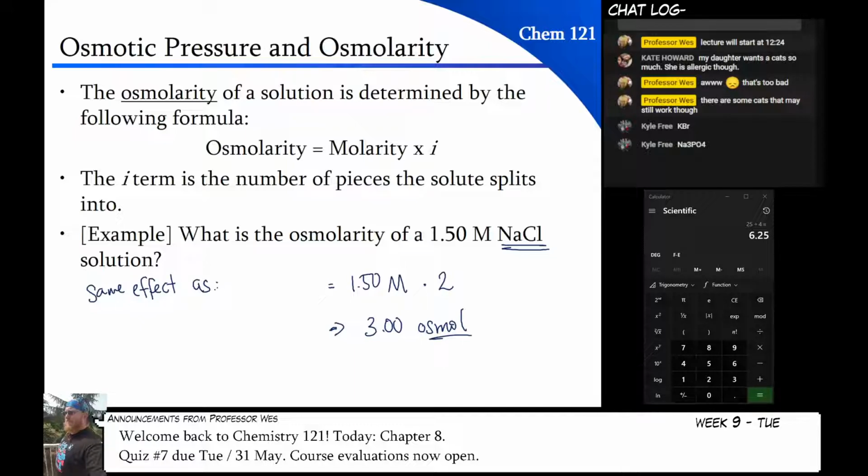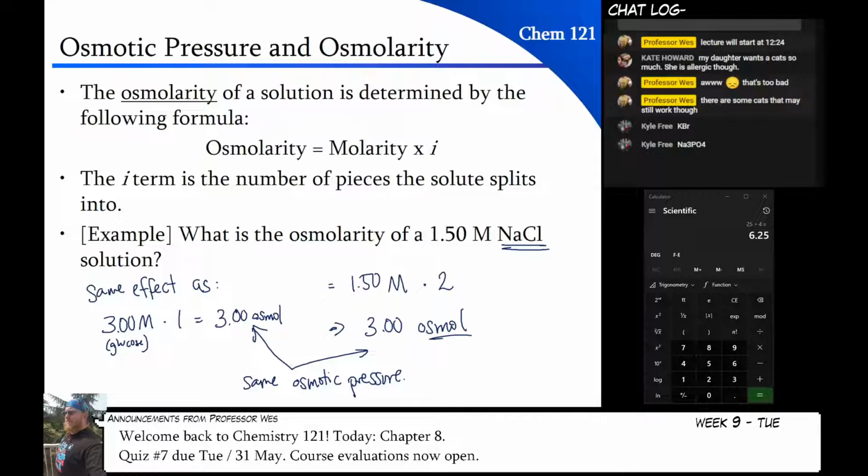And it would have the same osmotic effect as a 3 molar solution of, say, glucose that did not dissociate in any pieces. So glucose would have i equals 1. And both of these would have the same osmotic pressure because they have the same osmolarity.